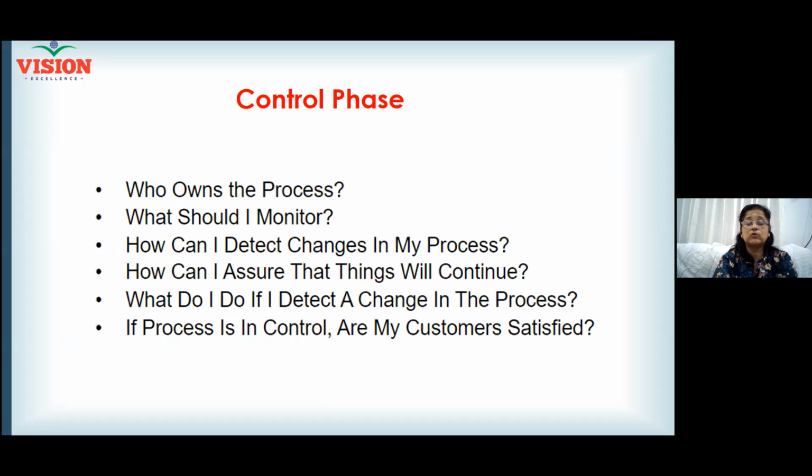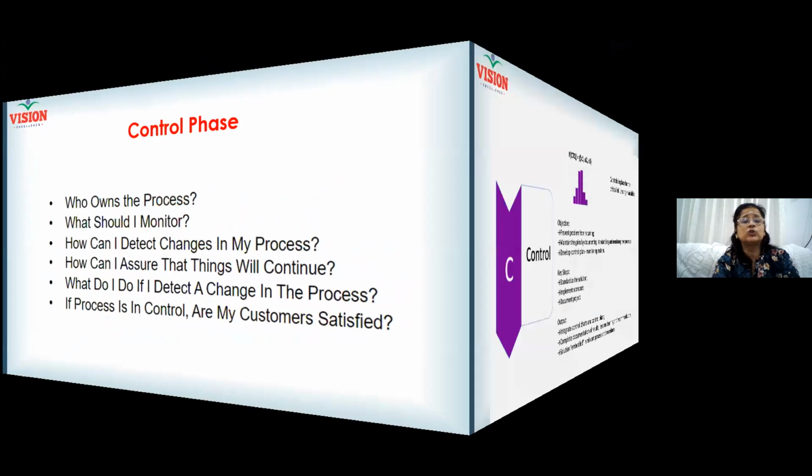Suppose something is going out of control, what are the various proactive steps that have to be done through a risk mitigation plan, and if the process is in control, are my internal and my external customers satisfied? This is going to be our walkthrough.